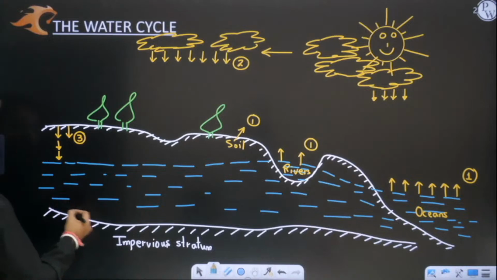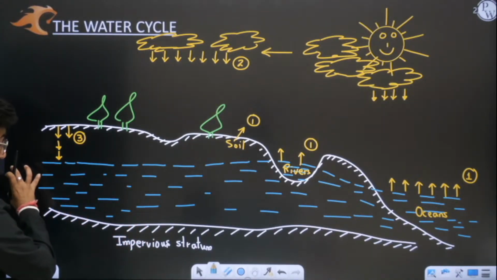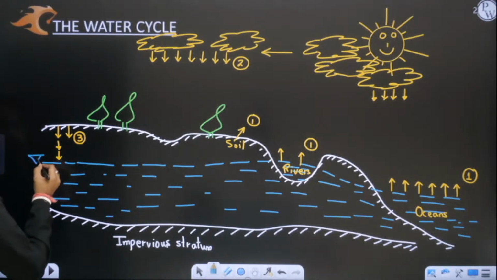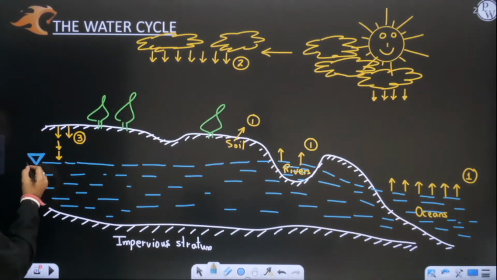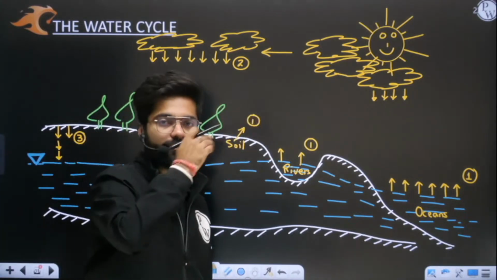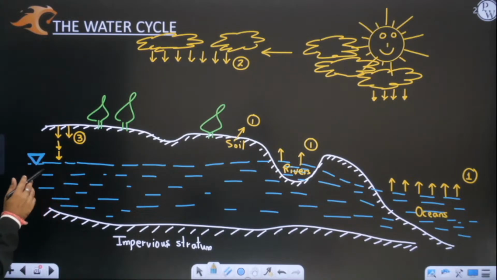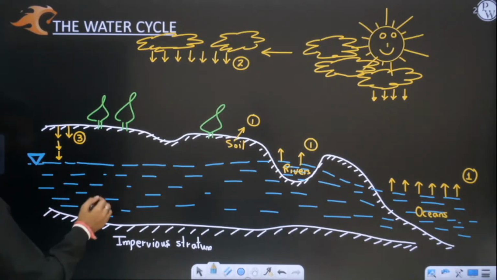The water table is the soil mass which is completely saturated with water. That formation is known as the saturated formation, which is nothing but groundwater itself. We will discuss this in a later chapter. So this is your groundwater.